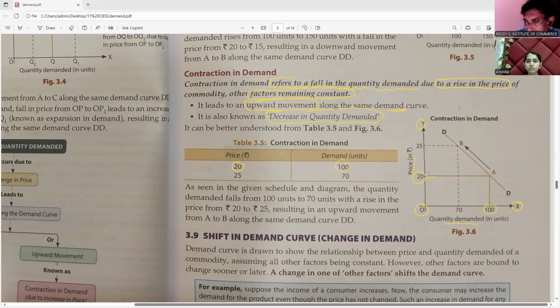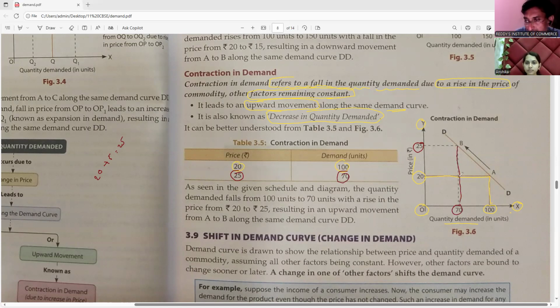When the price increased by 5, that is from 20 to 25, your demand decreased to 70.